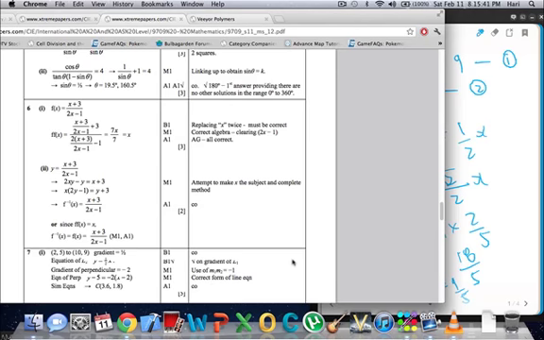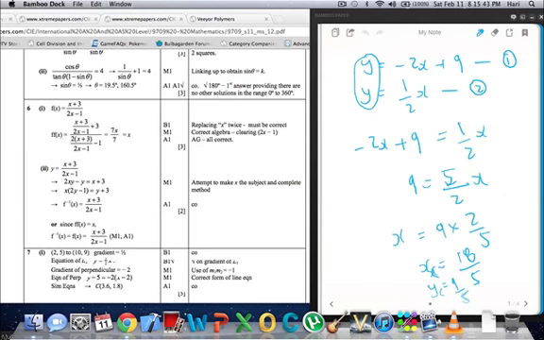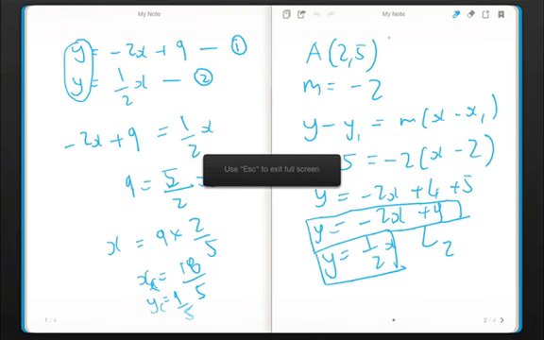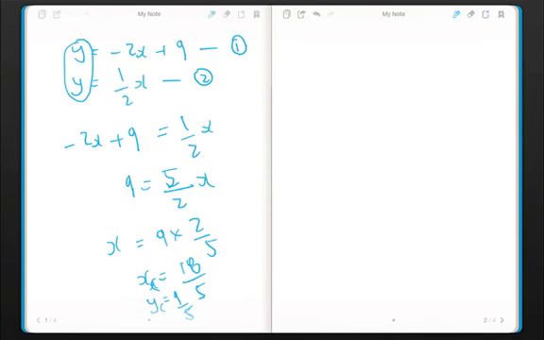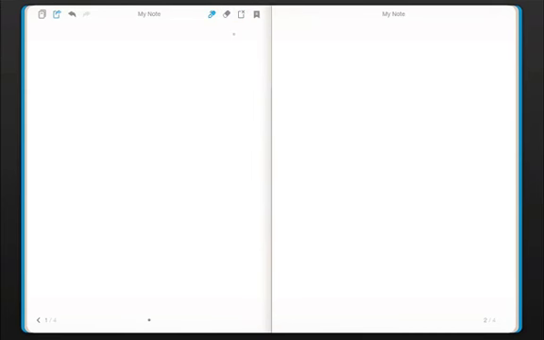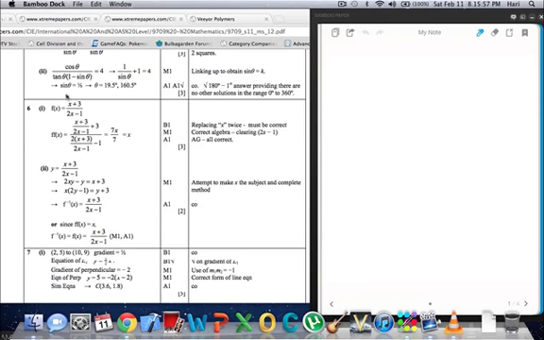Yep, our answer is completely correct. They put it in the decimal form here, but you can put it in any form you want. So I will just clear the screen now. I hope you've taken this down and understood it. If you haven't understood it, please email me with your questions.